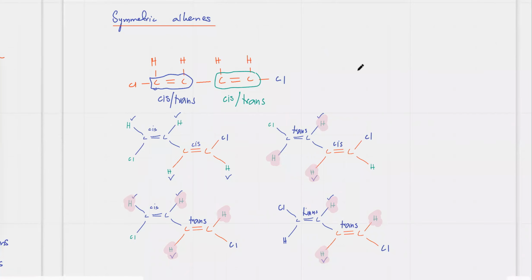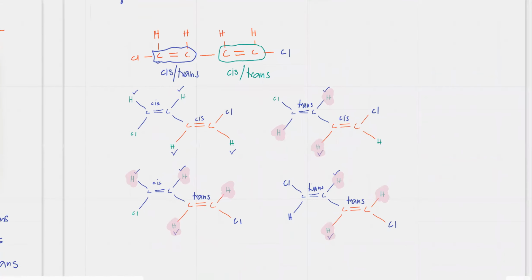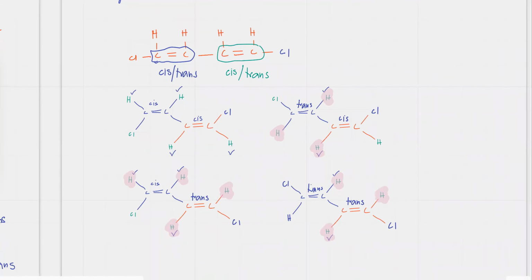So now the thing is, the molecule looks exactly the same whether you go from left to right, or you go the other way around, right to left. So this is a symmetric molecule, and left to right, right to left is exactly the same. So that means initially you have 4 versions. The first one is that both of them are in the cis form.